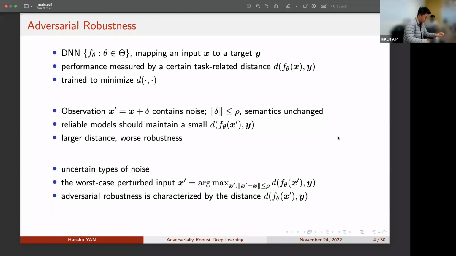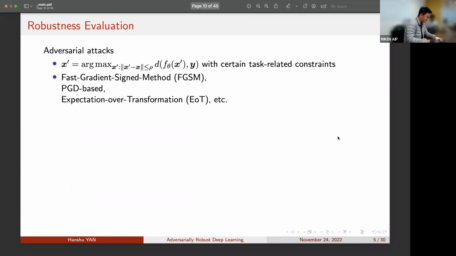If we measure the performance of the original network on this perturbed data, then the performance can be used to characterize the adversarial robustness.